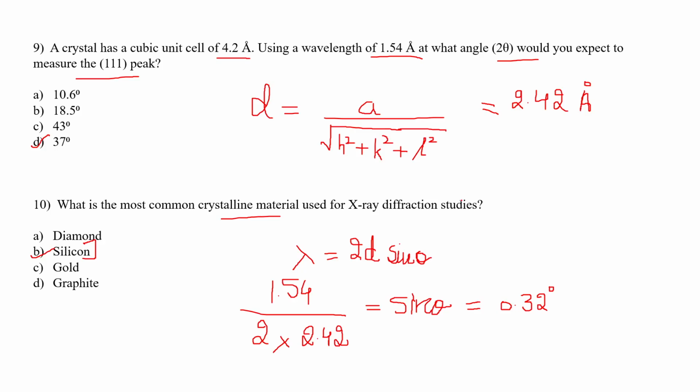This silicon is a very common crystalline material due to its very well defined crystal lattice, and also it has very high availability in the single crystalline form. If it is polycrystalline, then it won't benefit much, but silicon is very easily available in the single crystalline form, so that's why we use silicon crystal for the X-ray diffraction studies.